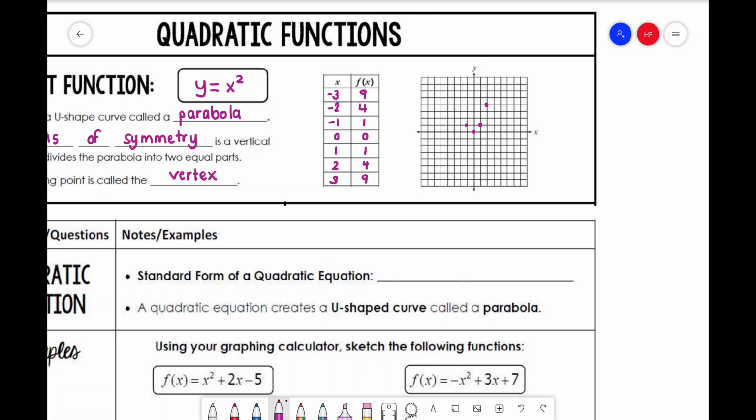So over here, we would have negative 1, 1, negative 2, positive 4. We would connect those and make that U shape, make that parabola. And that's what our parent function is going to look like. It is centered right at the origin with the vertex right there. And then we have our parabola facing up.